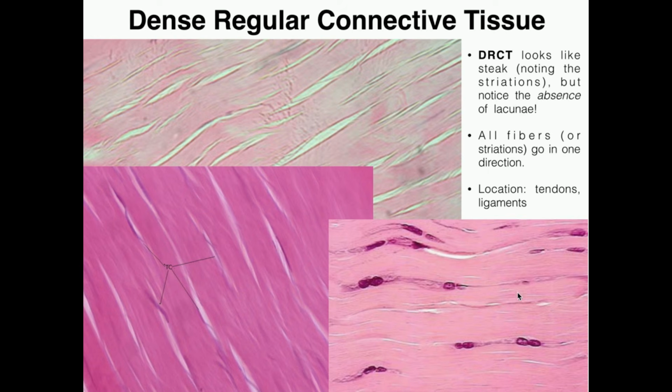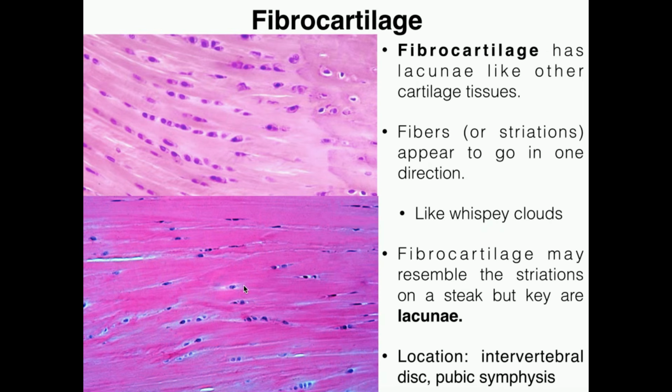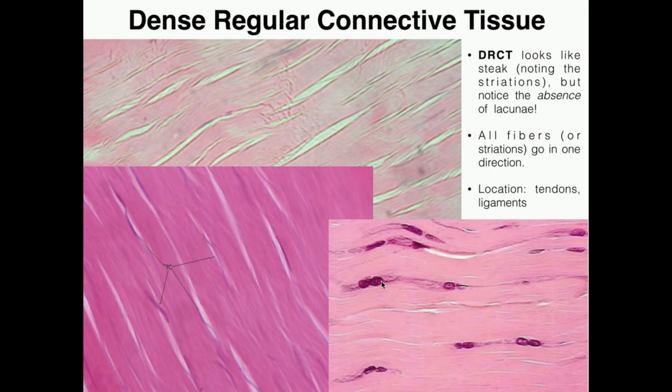You may see some cells here, but these are not chondrocytes in lacuna. All right, these are just simple fibroblasts. All right, notice that they don't usually have this white surrounding. You'll typically just see them as purple blobs. They won't be surrounded by this kind of white or lightish region around them. So these are not lacunae, these are just simple fibroblasts, all right?